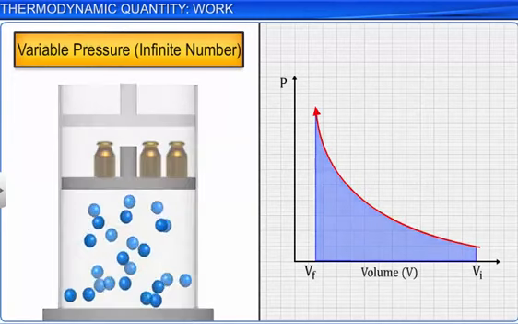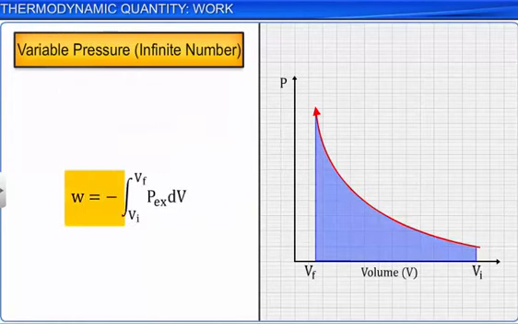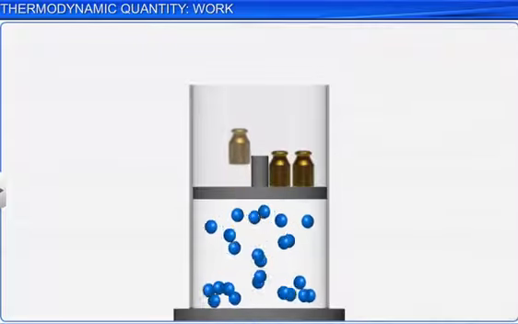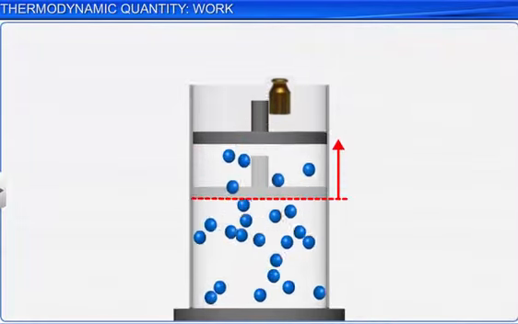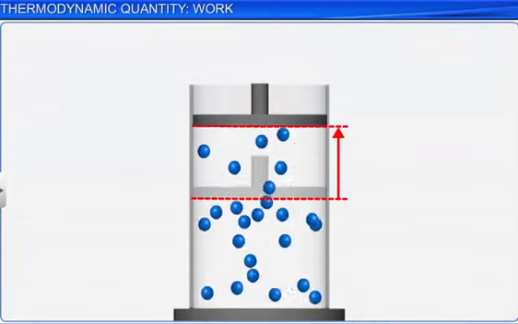Then, work is equal to minus the integral of external pressure Pex multiplied by the infinitesimal change in volume dV. If the gas expands, then the external pressure is always less than the pressure of the system.